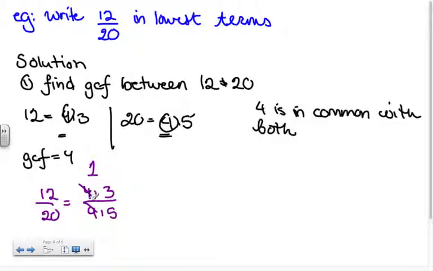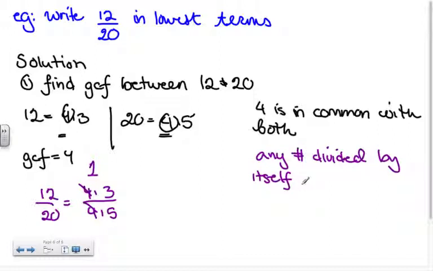Any number divided by itself is always 1, no matter what you do. So in this case, we end up with 3 divided by 5.